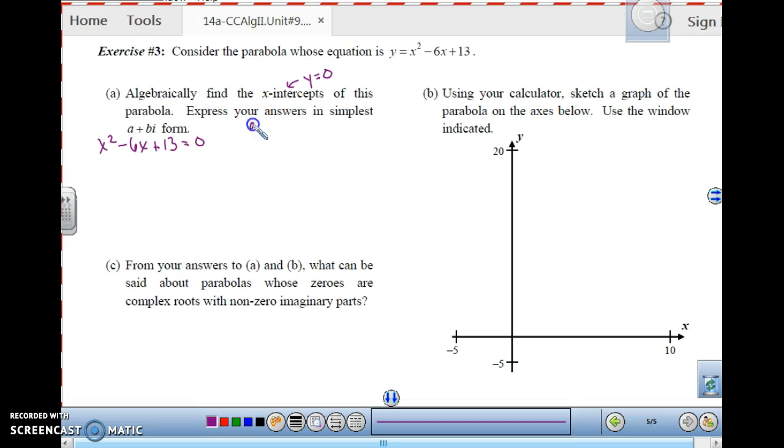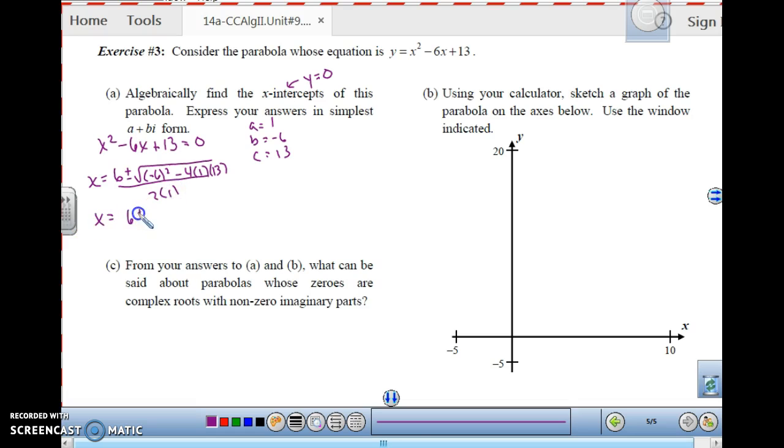So my a value is going to be 1, b is going to be negative 6, c is going to be 13. Now, x equals negative b, which would be positive 6, plus or minus the square root of b squared, negative 6 squared, minus 4ac, which would be 4 times 1 times 13, all over 2 times 1.